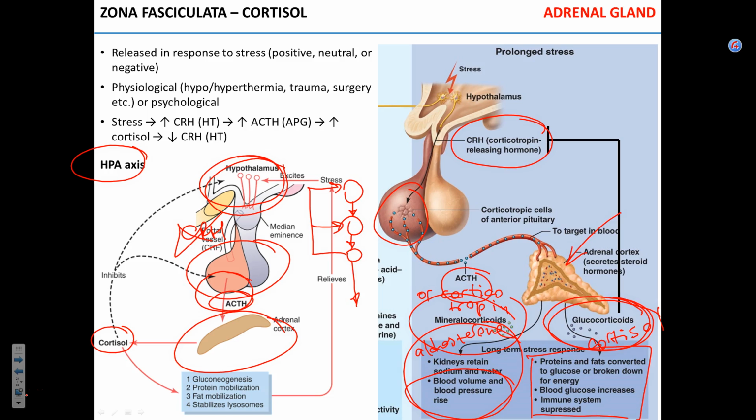It gives you energy. It increases levels of the glucose in the blood in response to the stress. Why? Why increase levels of glucose in the blood in response to the stress?